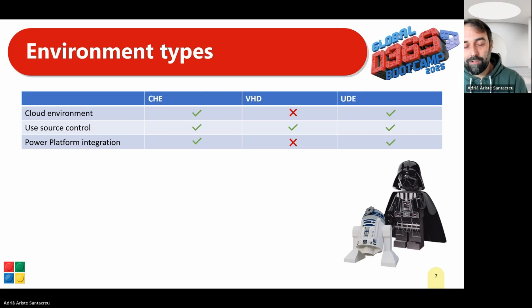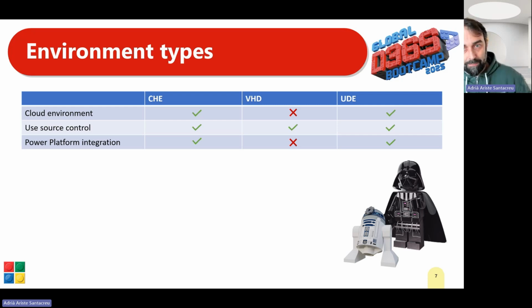And not all of them can have the Power Platform integration set up. It's the BHD environment that cannot have an integration with Power Platform, and it's linked to the fact that it's not a cloud environment. The BHD is a self-contained environment that has everything that you need to develop using Dynamics 365 F&O, but it's self-contained.